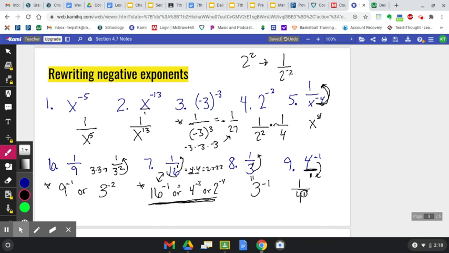Those are the same thing. I move it back up, it becomes positive. So when you change levels, it changes the exponent from positive to negative, okay? If I say 2 to the negative third power, it is not equal to negative 8. It has nothing to do with a positive and negative value.